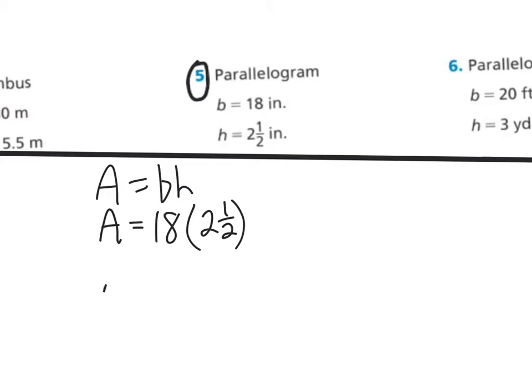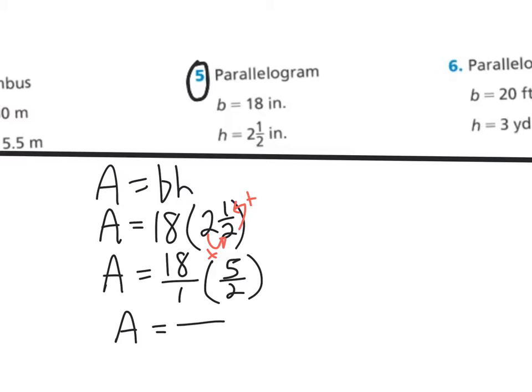So with the fraction here, we're going to want to change these both to improper fractions. So the 18, anytime we have a whole number, we can put it over 1. 18 divided by 1 is still 18. The 2.5, if you remember, we're going to multiply here. So 2 times 2 is 4, plus our 1 on top makes that 5 halves. And then we can just multiply straight across. Denominator's easy enough, 1 times 2 is 2.